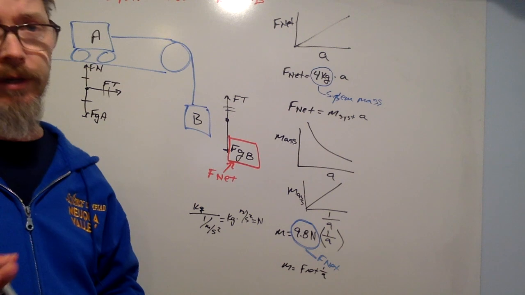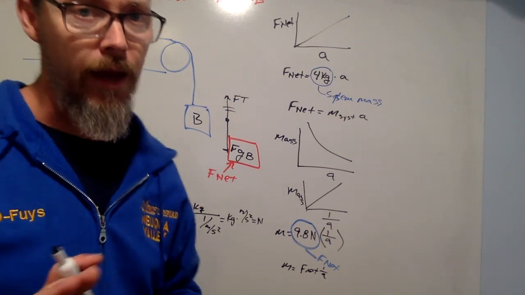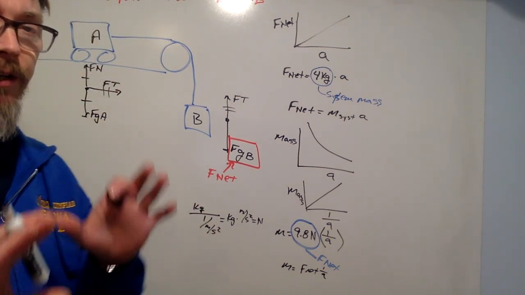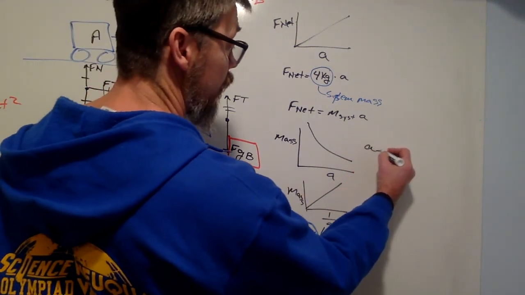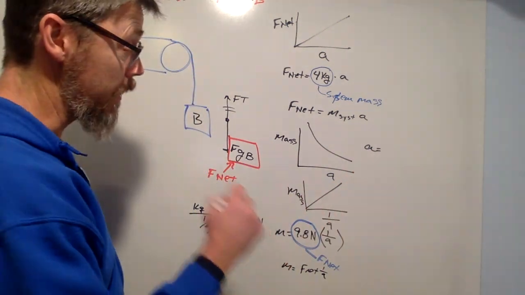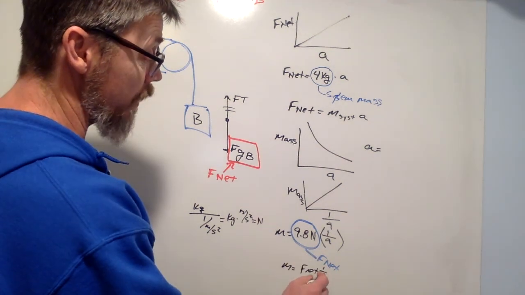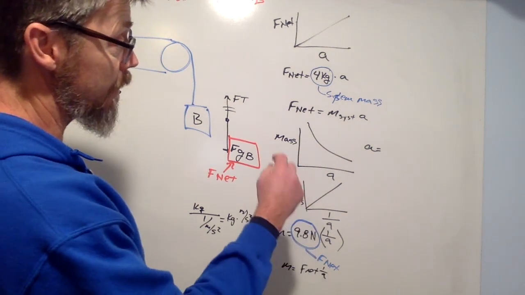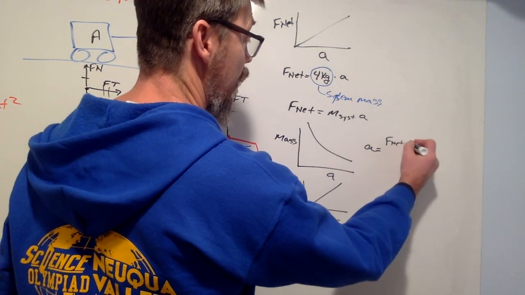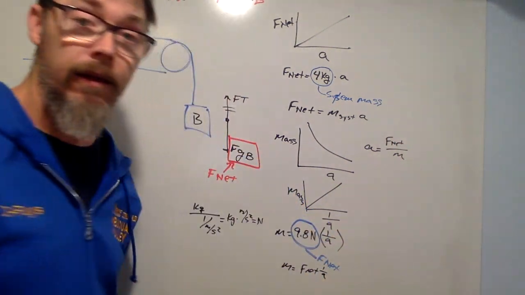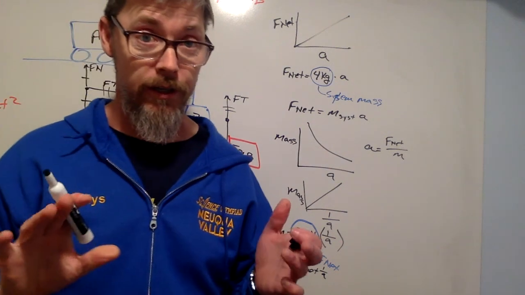Now, here's what Newton did, though. He didn't give it to us like that. Newton said that acceleration equals F net over m. He did it in words.